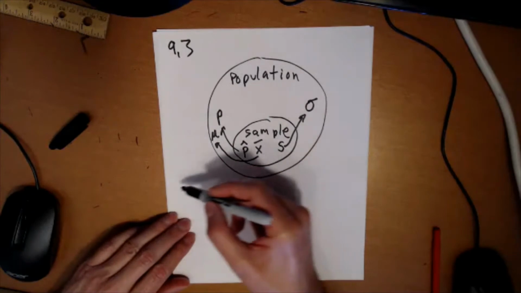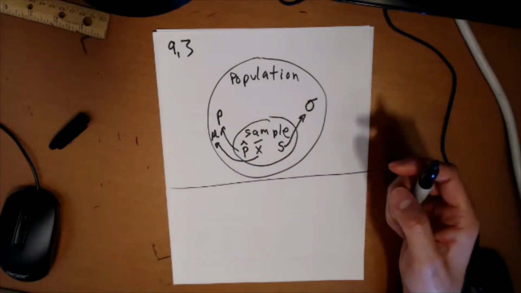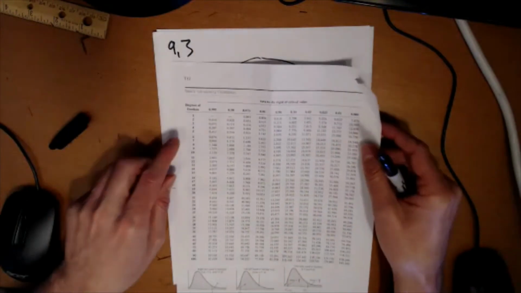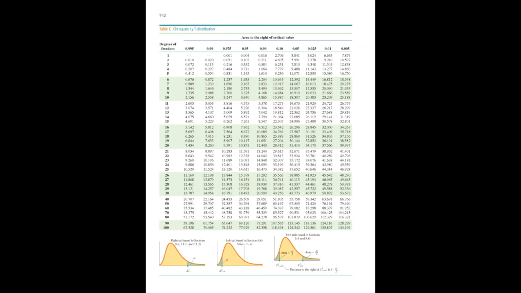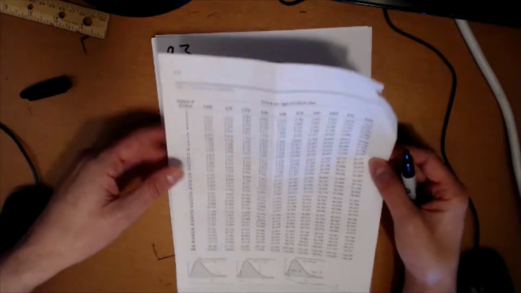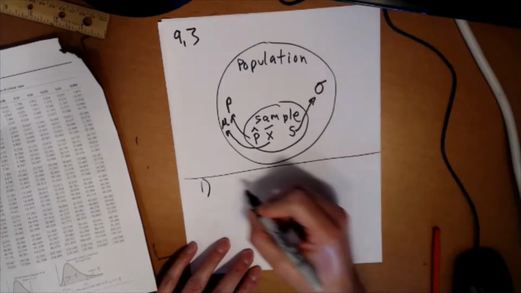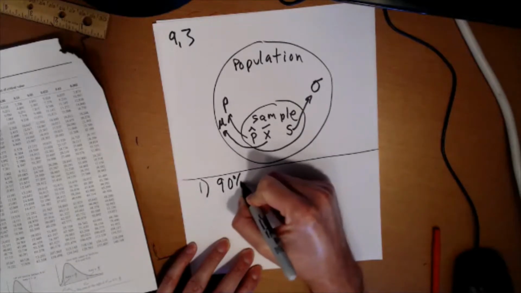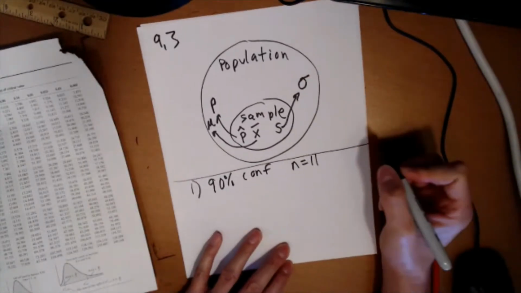Okay, so let us do problem number 1. First things first, I just want to make sure that we know how to read our chi-square table. It's chi, not chai, chi rhymes with guy. There's one in files. There's also a link to it above. Problem number 1 wants 90% confidence, and n is equal to 11.